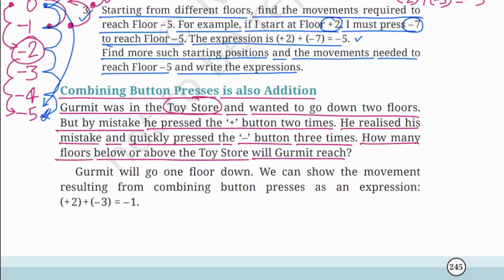Gurmeet started from the toy store, then by mistake pressed the plus button 2 times, that is plus 2. After realizing his mistake, he pressed the minus button 3 times, that is minus 3. That means overall he pressed the minus button 1 time.